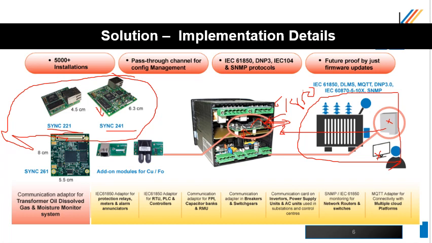So that is the overall solution for the complete transformer and dissolved gas monitoring system. The customer had an installation base of more than 10 years, and they have completed around 5000 installations. It also has a pass-through interface through the Ethernet port itself. So that is used for configuration management.